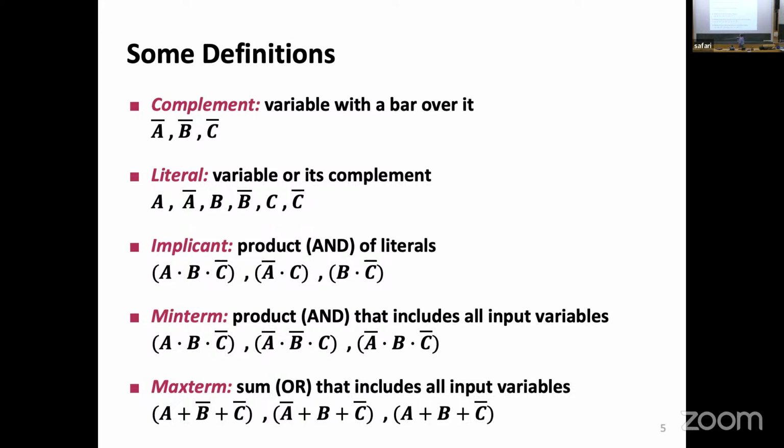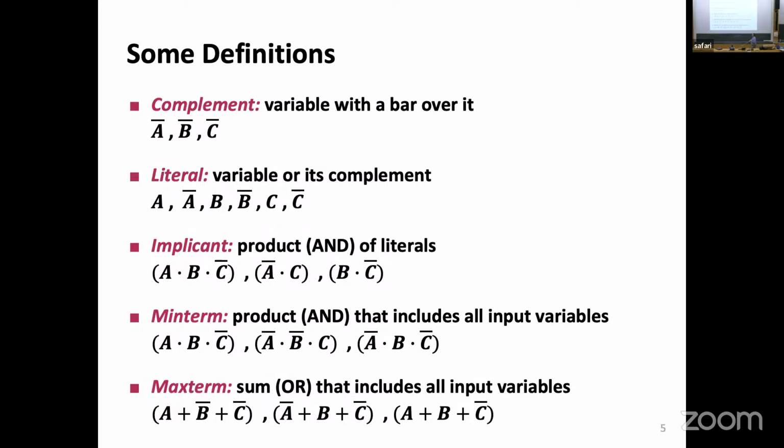Now, an implicant is a product, an AND of literals. Some of them are larger, that has all three of them, A, B, and C. Some of them only have A and C, some of them have B and C. I mean, you can come up with many different implicants.